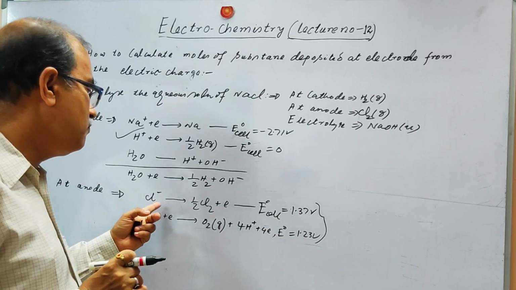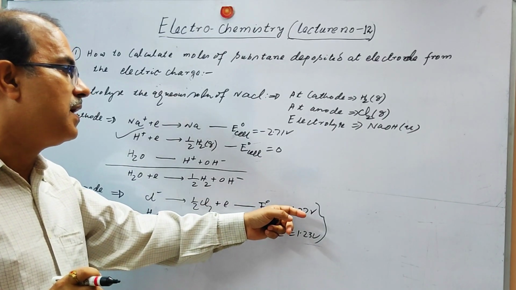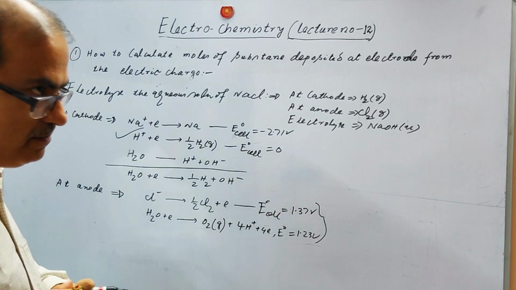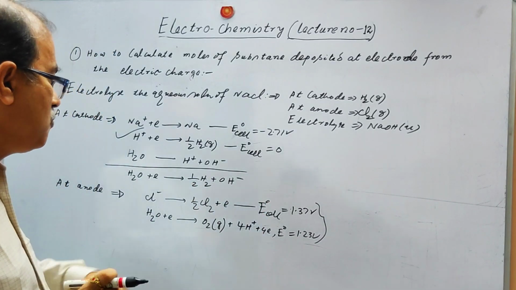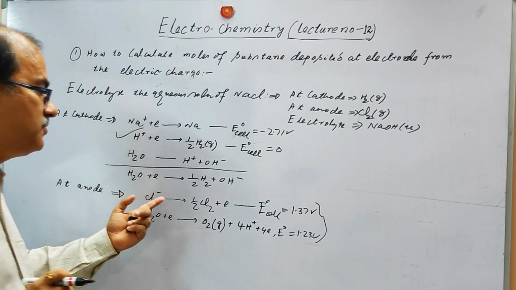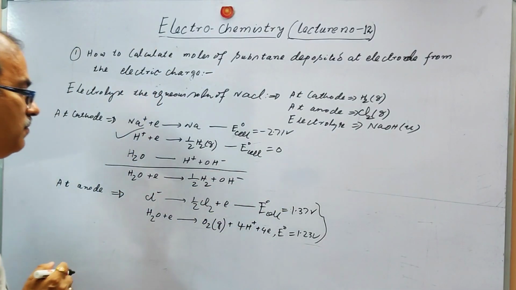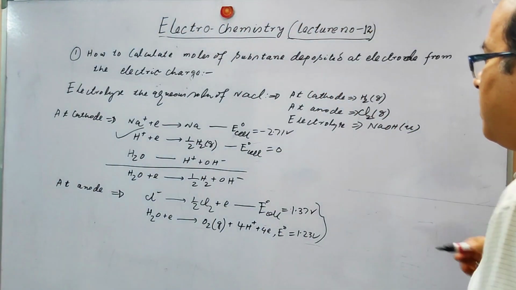So the chlorine reaction will be preferred, although it has the higher reduction potential, meaning it would not be oxidized as compared to water, but due to the overpotential this reaction takes place. So what will be the overall reaction?